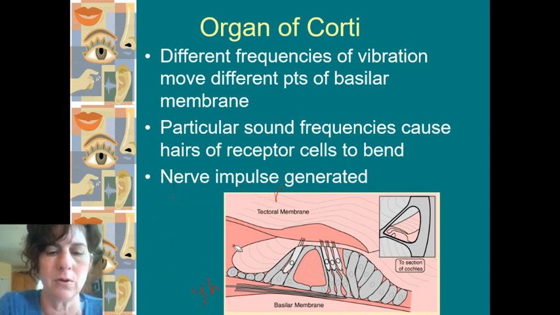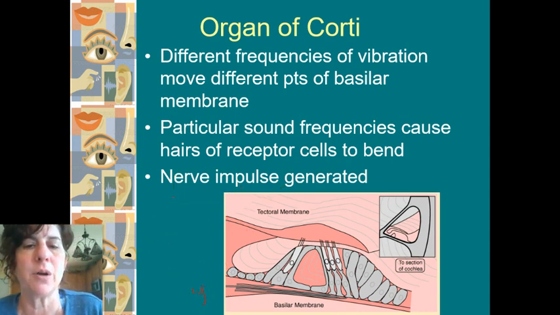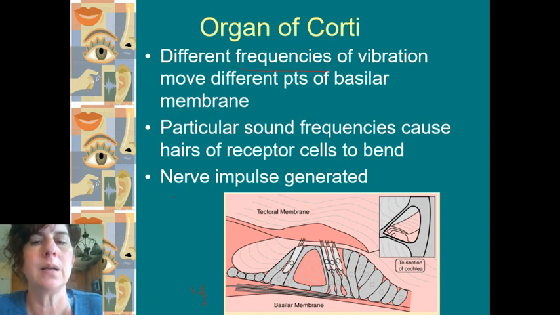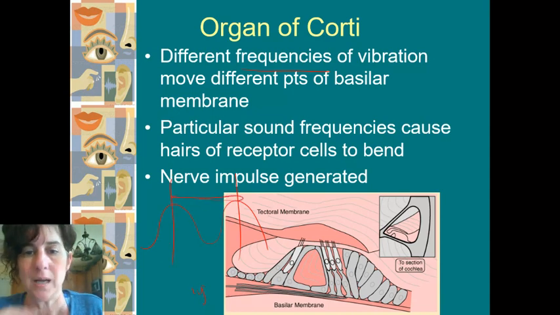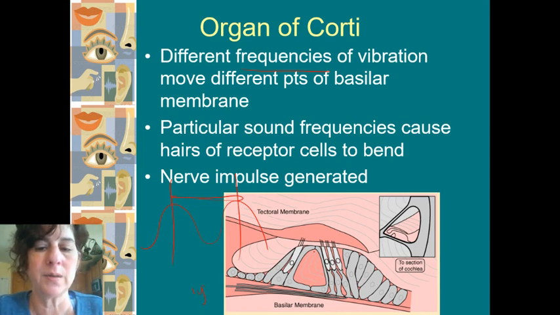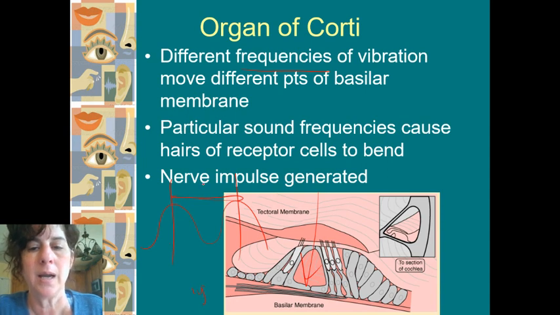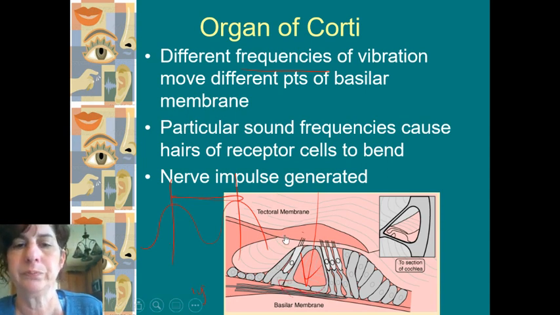That's the quick version of that. But that's our pitch. Frequency is the here to here, but that also determines your pitch, low pitch, high pitch. So sound frequencies cause different receptor cells at different points along the cochlea to be stimulated. And once they're stimulated, they send that information to the nerve.